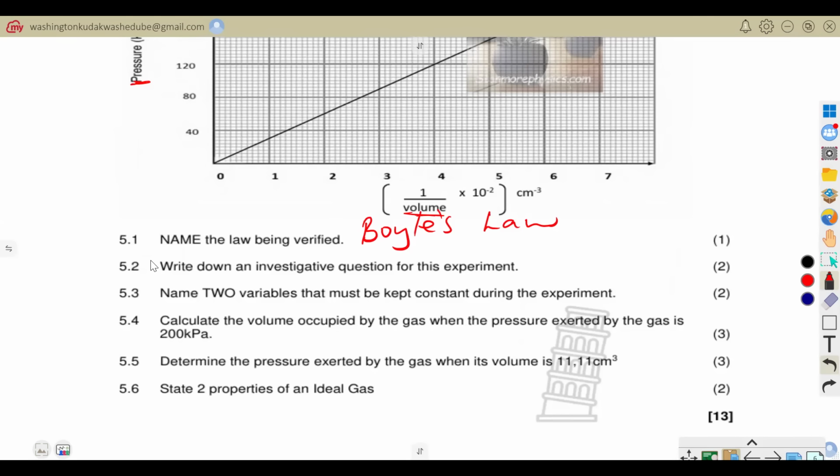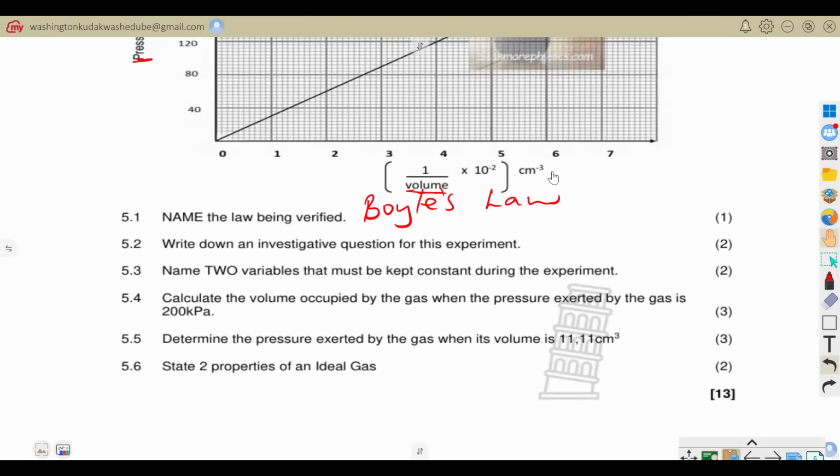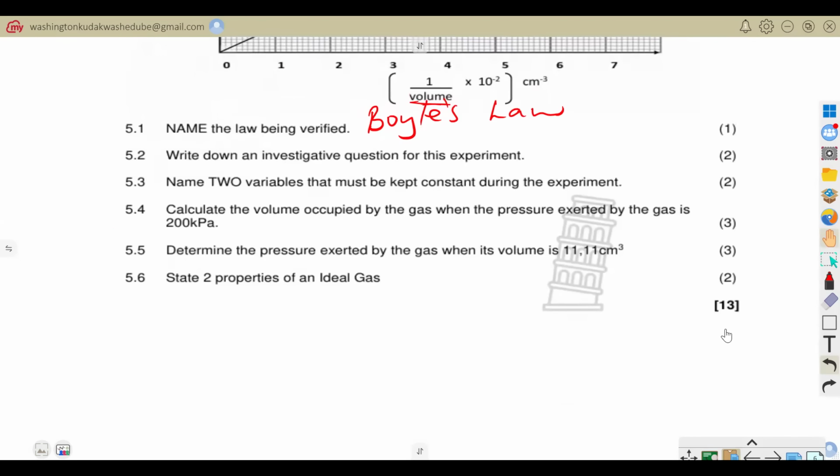So the question would be, let me just write it below here, the investigative question would have been 5.2.